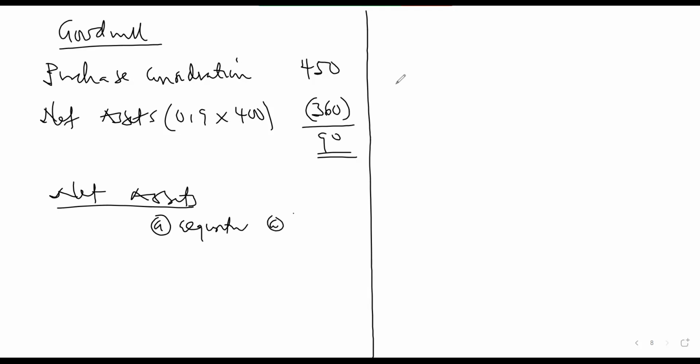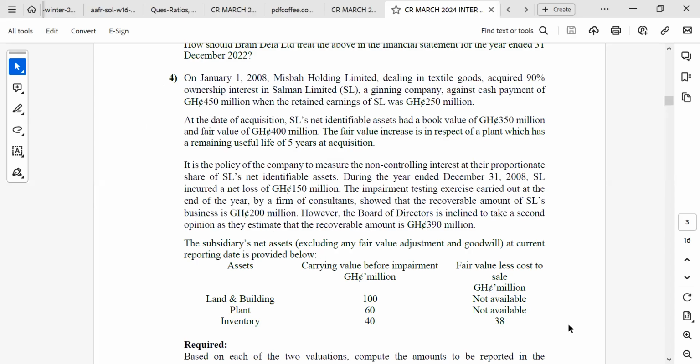So at acquisition and also at reporting, someone can just do share capital. What is the value of the share capital from what we are given? Will the share capital be 100? Look at it again. The retained earnings of the company at acquisition is what? 250, isn't it?